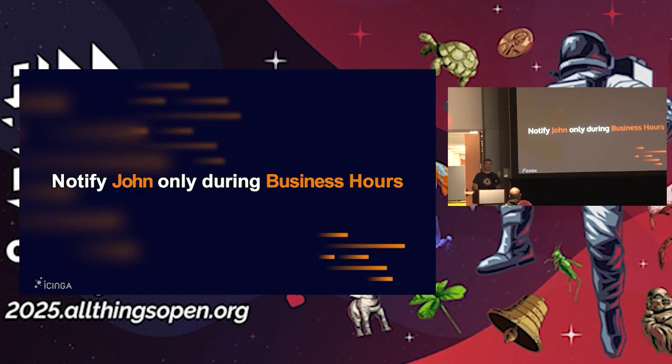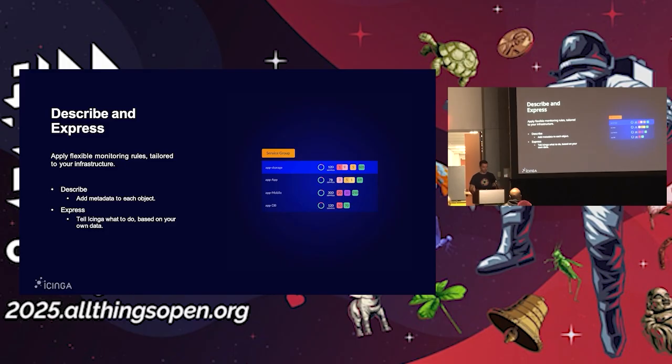The same idea is applicable to notifications and alerts as well. So the rule-based engine will allow you to do things like alert John, but only during business hours, or the other way around, alert this person outside of business hours. How does this work? As mentioned before, we use this concept of describing and expressing things. By describing, we mean that you add metadata to your objects.